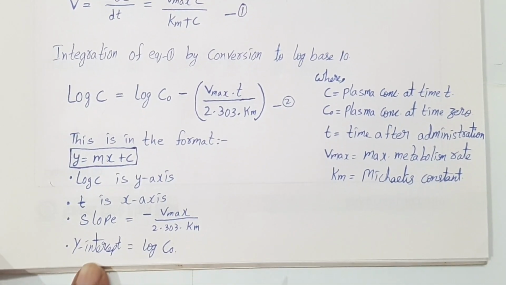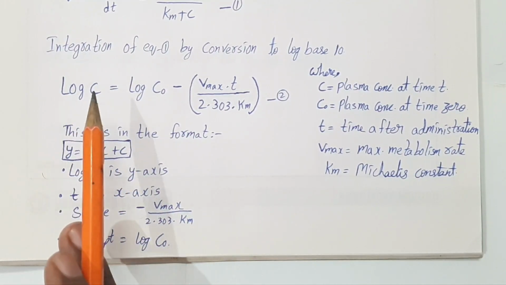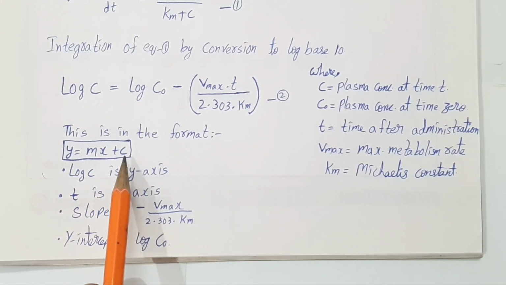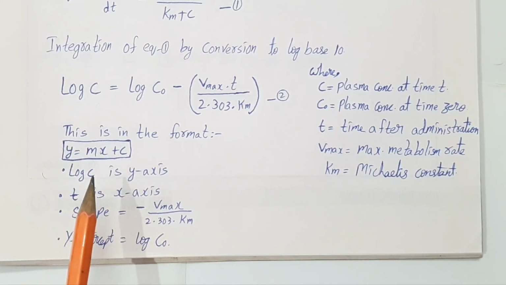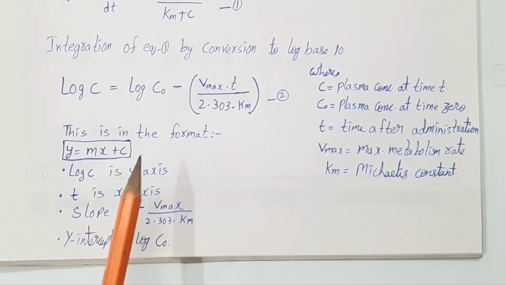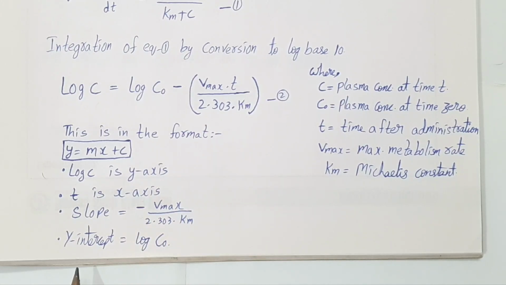Now if you look at this equation, it is in the form of y equals mx plus c. Log C is the y axis, t is the x axis, the slope is minus Vmax divided by 2.303, and the y-intercept is log C0.